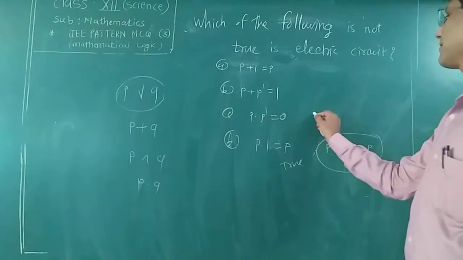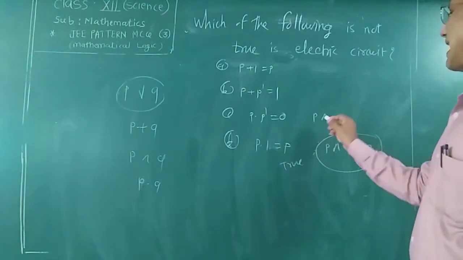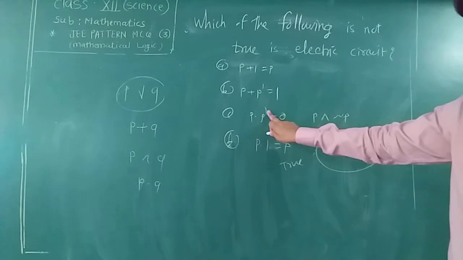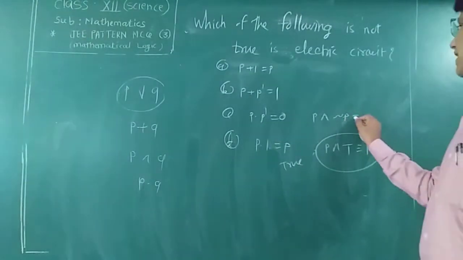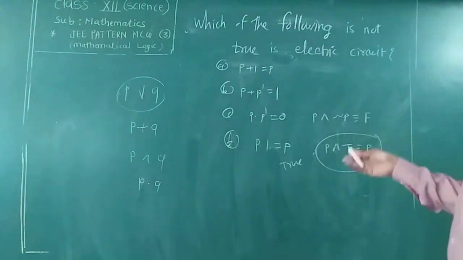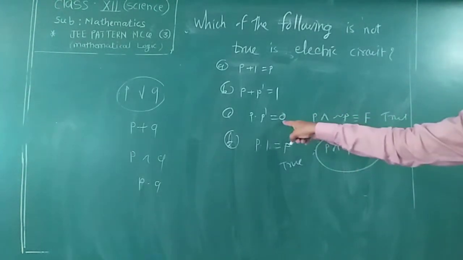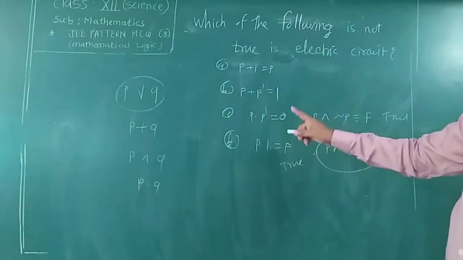For P dot P dash, P dash means the complement. P and its complement, by the complementary law, is F, or 0. This is also true. The last option is also true.